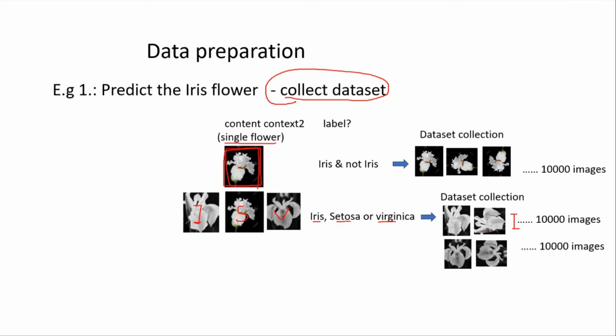So you're going to have the virginica label, setosa. Okay, you got it. So this is one class for iris flower.